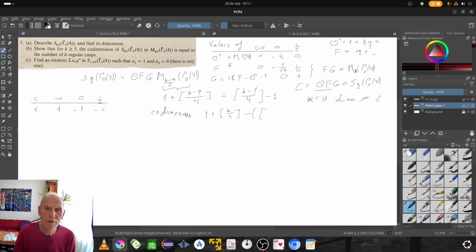minus, and we'll just have to write it for the various moduli of k. So let's write k equals 4l plus naught, 1, 2, 3.